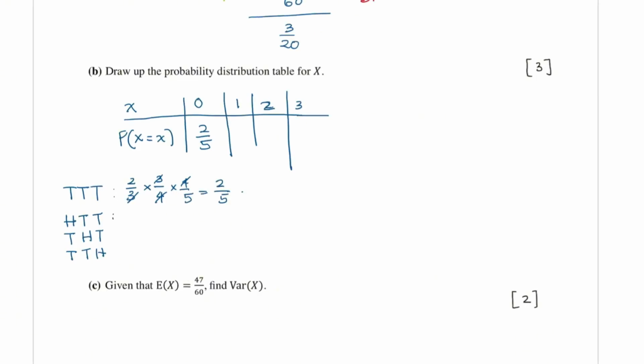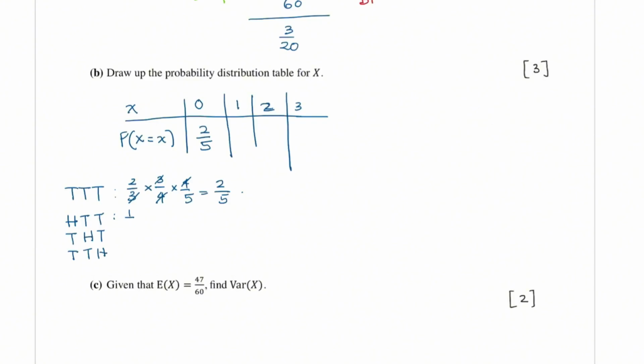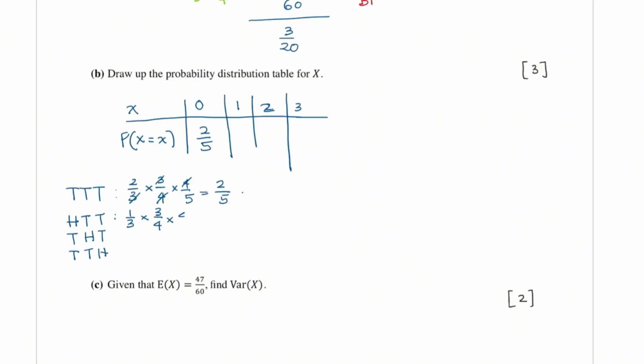You have to work it out like what we did in question A. So this is going to be 1 per 3 times 3 per 4 times 4 per 5. THT would be 2 per 3 times 1 per 4 times 4 per 5. And TTH would be 2 per 3 times 3 per 4 times 1 per 5.